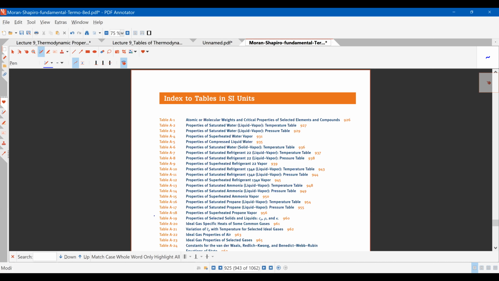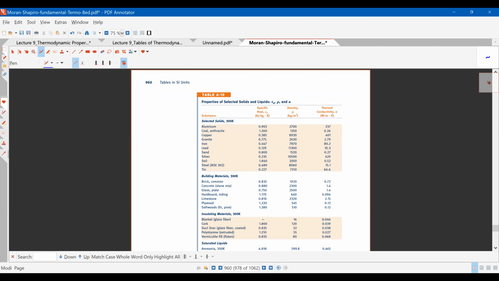This is table A19: properties of selected solids and liquids, CP, rho, and K. Page 960. So I should go to page 960 and then see what we have for aluminum. This page for aluminum, here it is. Look at this, aluminum, the very first material here.